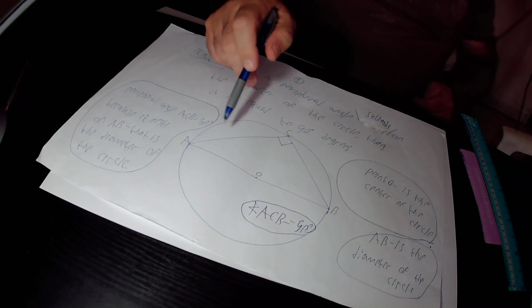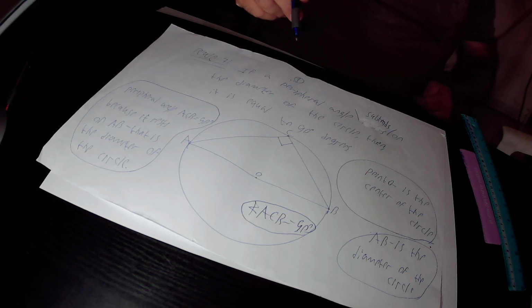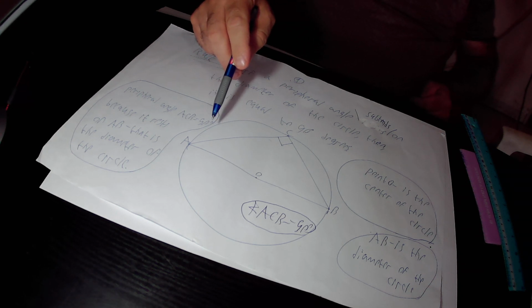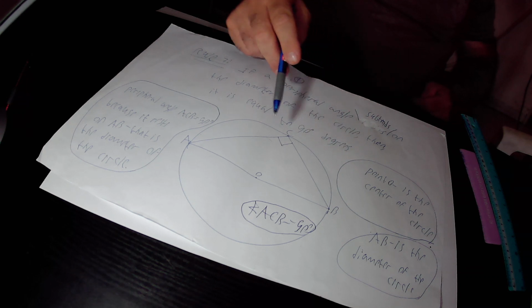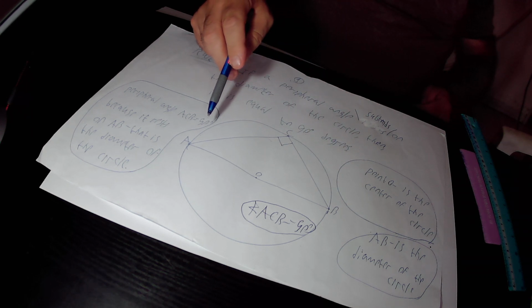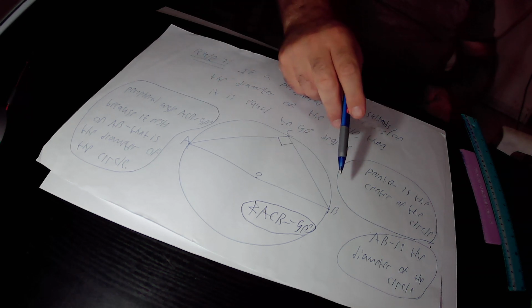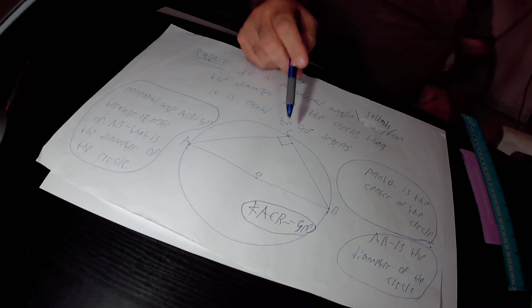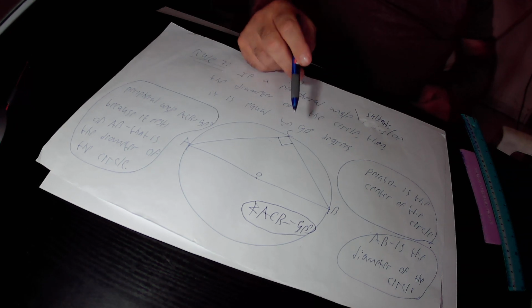We know that AB is the diameter of this circle, and this is peripheral angle ACB. Peripheral angle ACB definitely subtends on AB, which is the diameter of this circle, and therefore peripheral angle ACB must be equal to 90 degrees in its size according to rule 7.